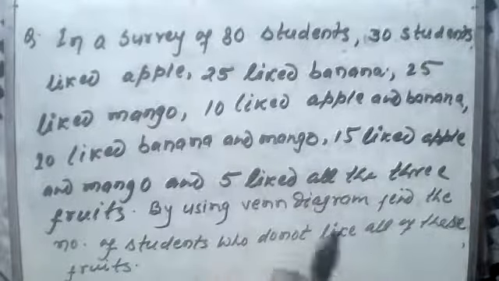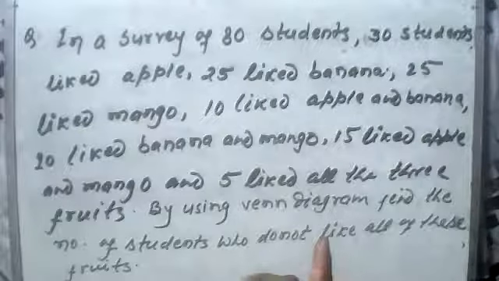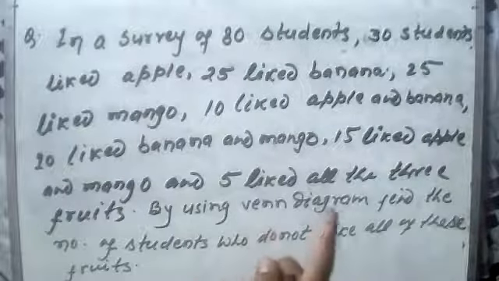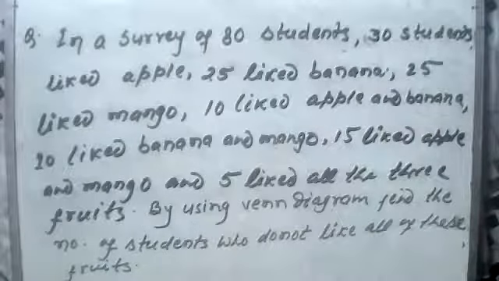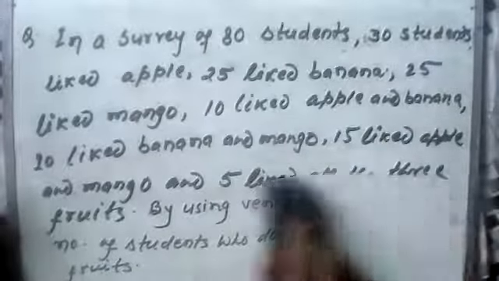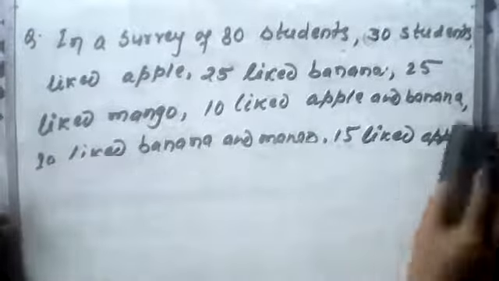So there are 3 types of sets here. One represents apple, another represents banana, and third represents mango. Now I'm writing the notation for the 3 sets.